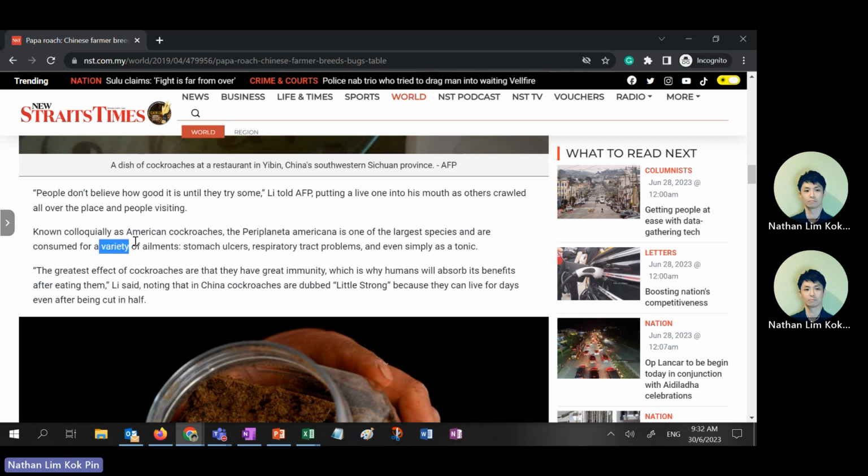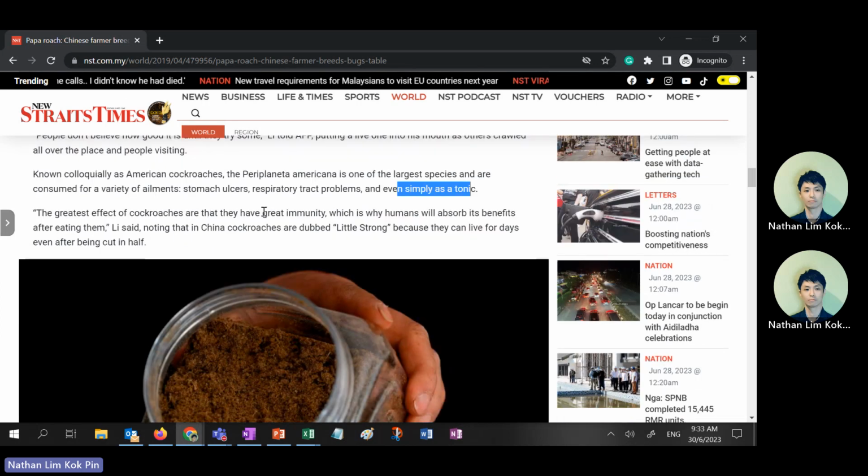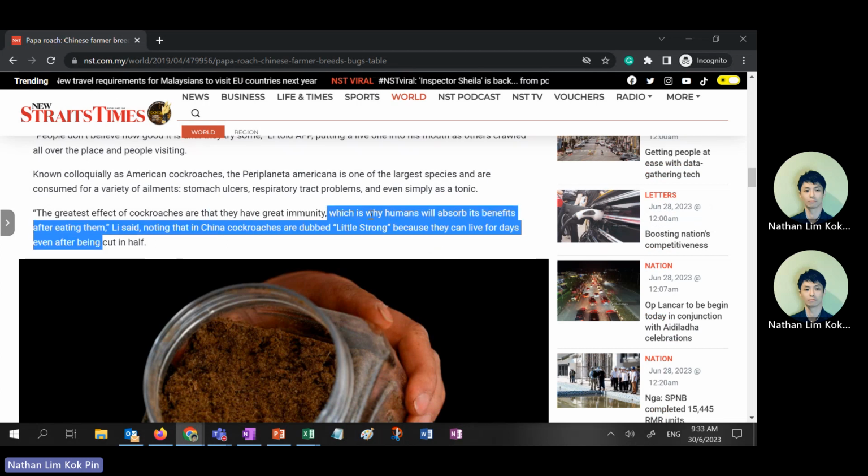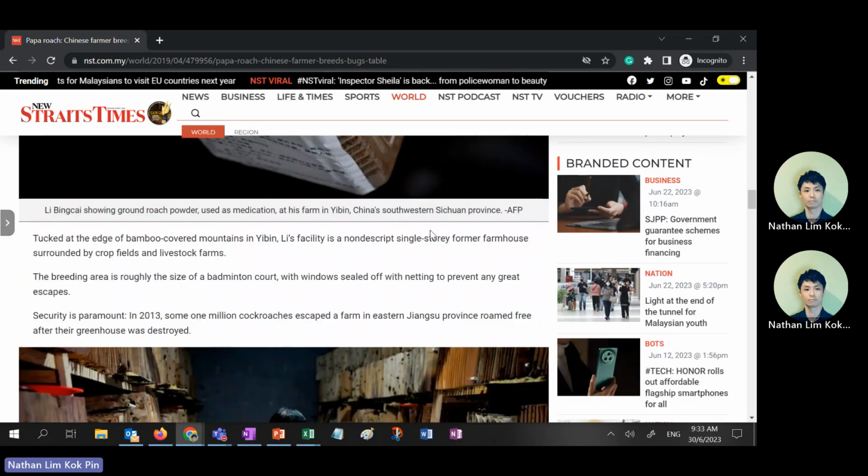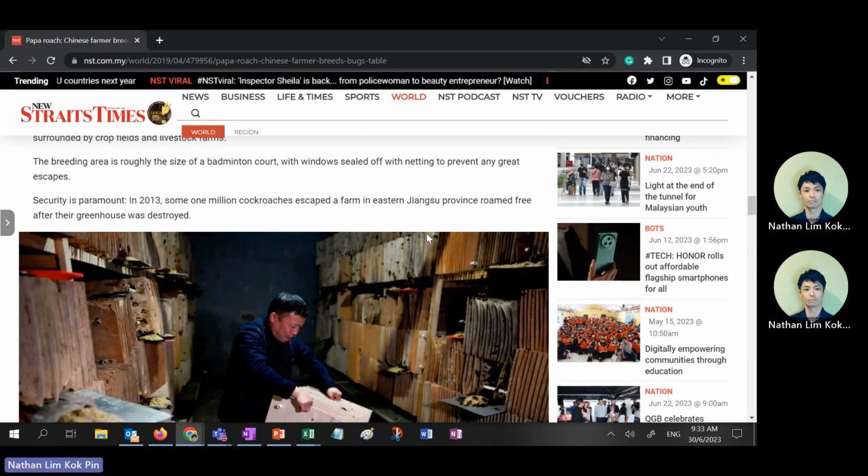Second, it can be used for a variety of ailments, stomach ulcers, respiratory tract problems, and even as a tonic, for men and women who like to apply tonic on your face, on your hair. In ingredients lists they write 'others', and the 'others' is cockroach. So there are many buyers. There are other effects also because they have great immunity, so that you won't get COVID-19 after eating them. This is second: many buyers, many sellers.